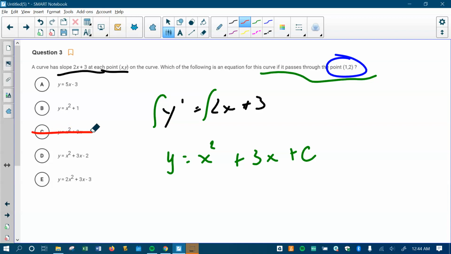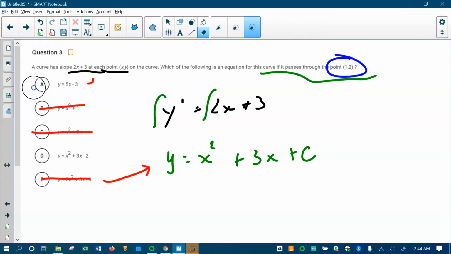If we were doing some test-taking strategies here, you could eliminate E, because you would need a positive 2x squared. And you could eliminate this one and that one. By the way, this one definitely doesn't work, because how could the slope be 2x plus 3 for every point on the curve if your line is always going to have a slope of 5? Does not make sense. No entiendo.